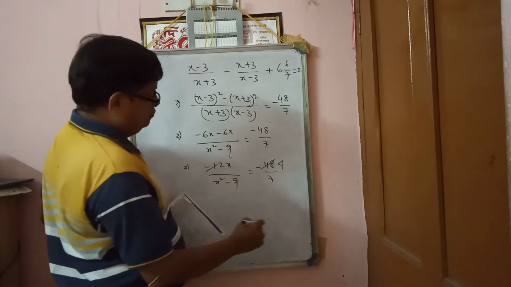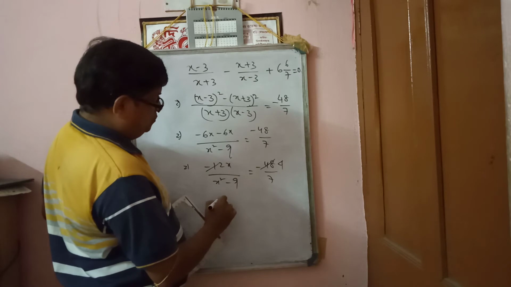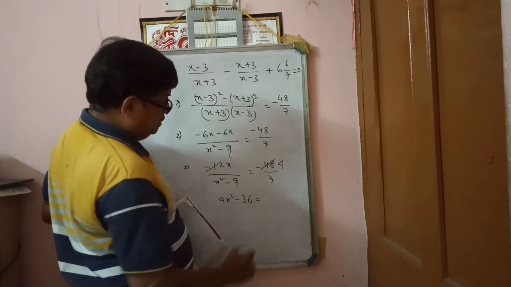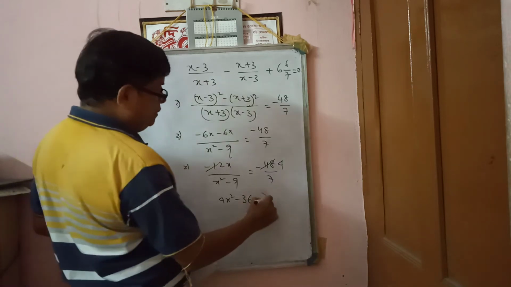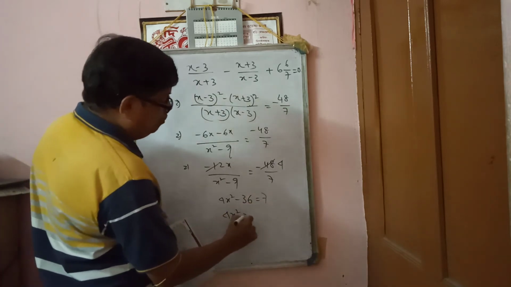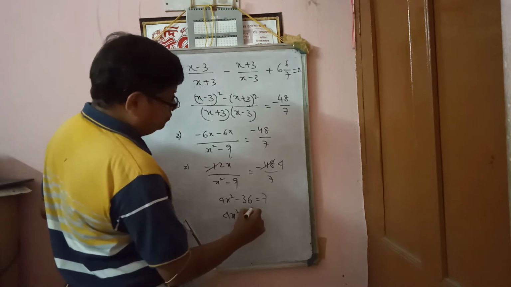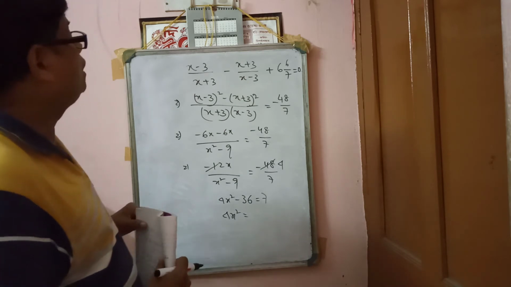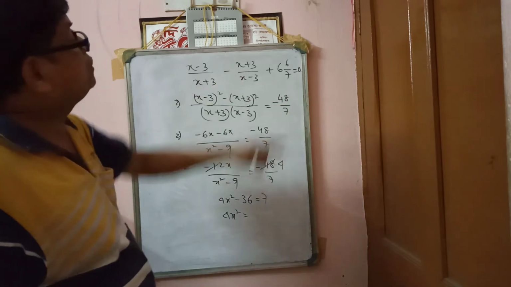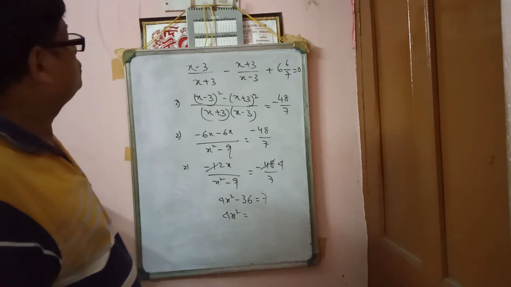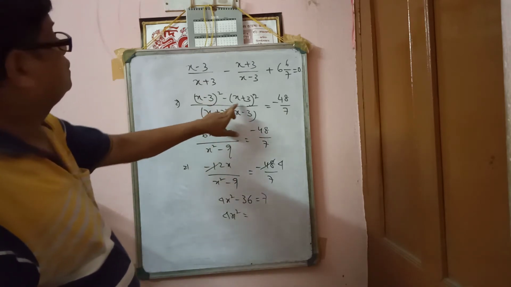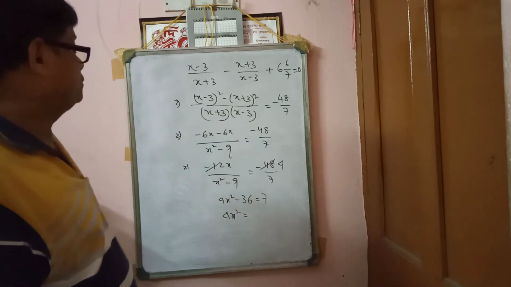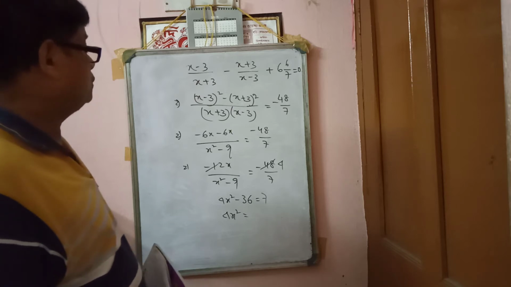Cancel 4, so write 4x square minus 36 equal to 7.